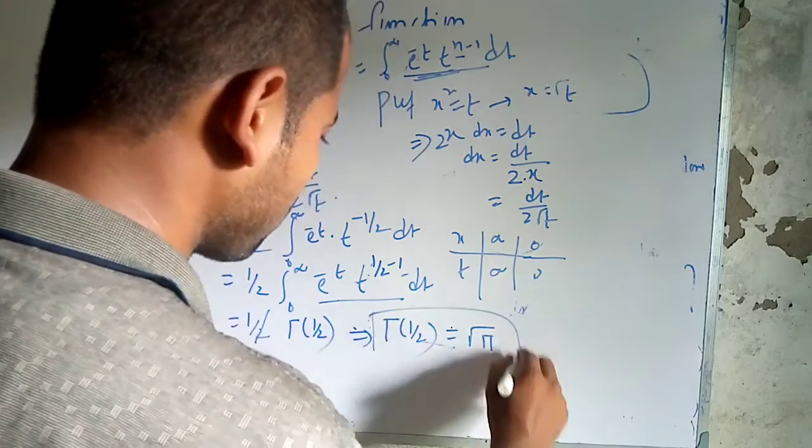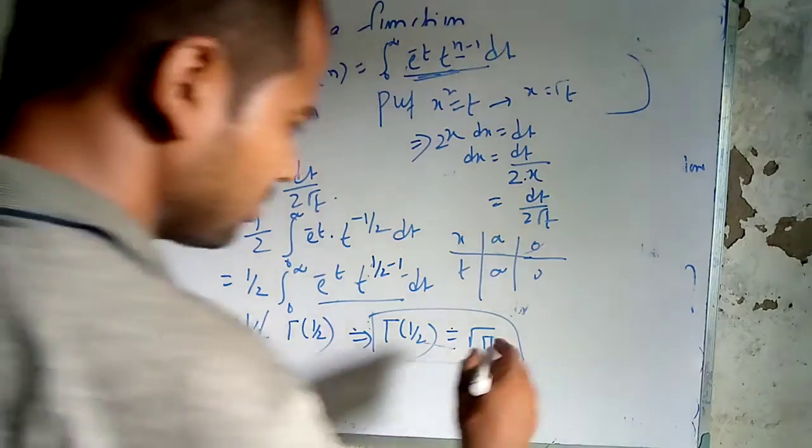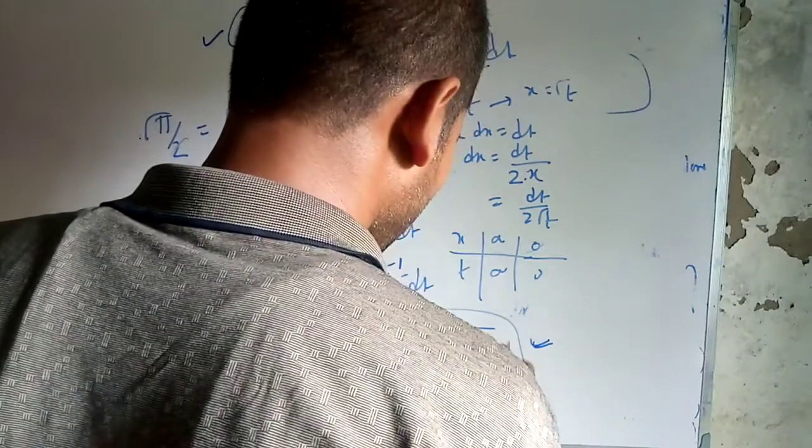This is a very important point for calculating the gamma function. In various exams, one question that may come is: what is the value of gamma of half? You may struggle, but it is root over pi.